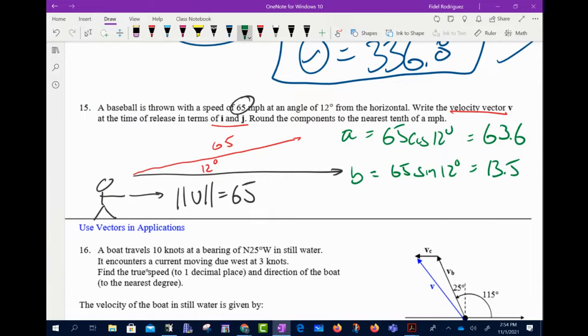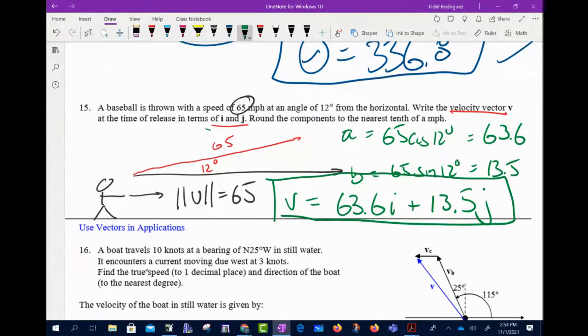So the way we're going to write our vector v is 63.6i plus 13.5j, because it's written in terms of i and j. So there it is.